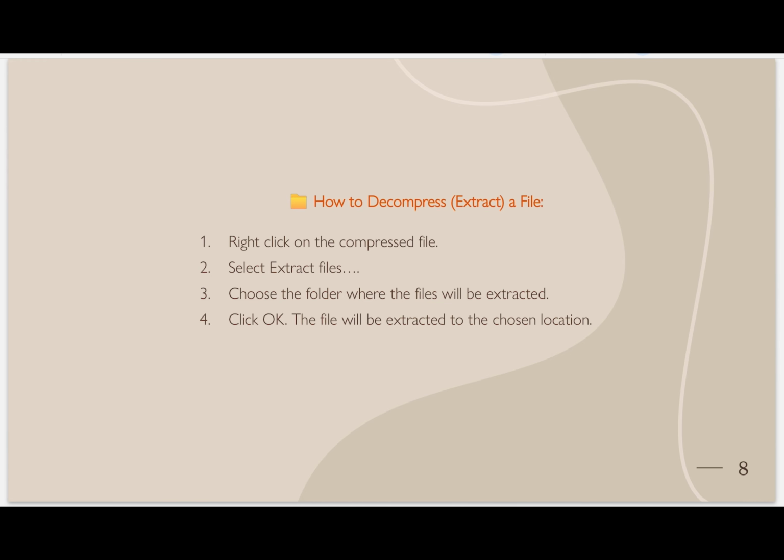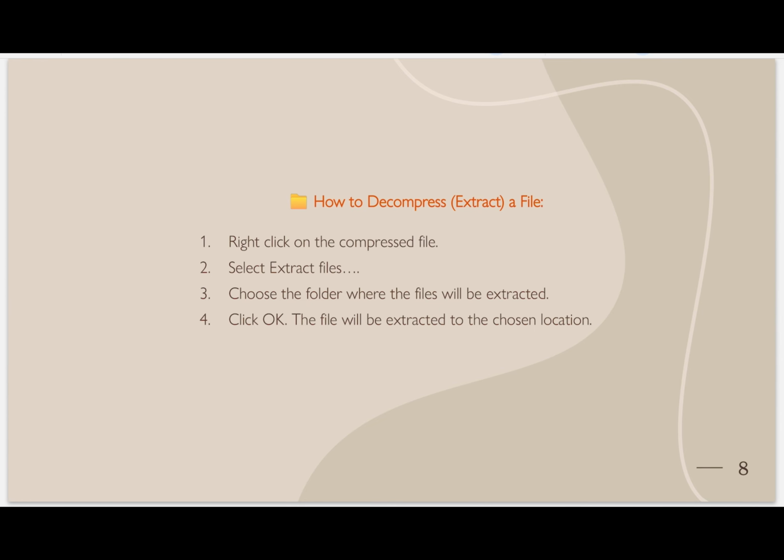And how to decompress? As I told you, right click on the compressed file, select extract file, and choose the folder where your file will be extracted. You can choose any specific folder, for example from desktop I want to extract it to the C or D drive. Inside that, again one more folder is there, you can choose that.